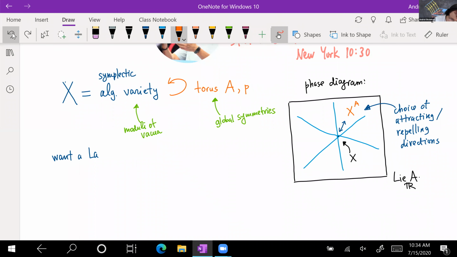So maybe I'll write attracting manifolds. The full attracting set of some component Fi is the union over all the attracting manifolds. There's a natural order on what is attracting to what, and so then we take the union over all Fj which are less than or equal to Fi in this attracting order, and we take the closure of this Fj.